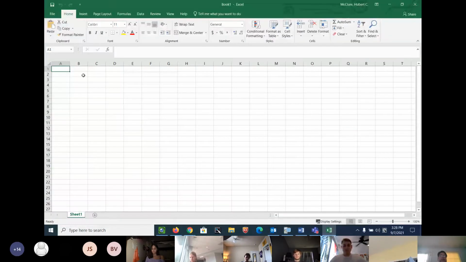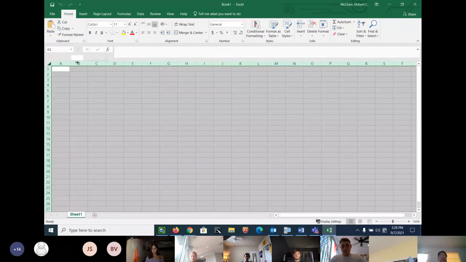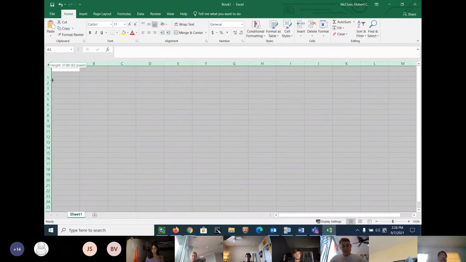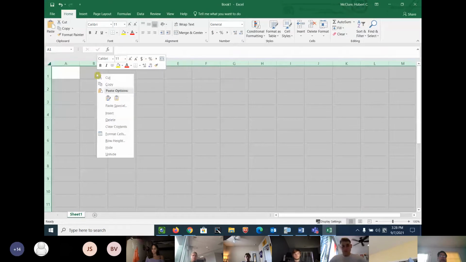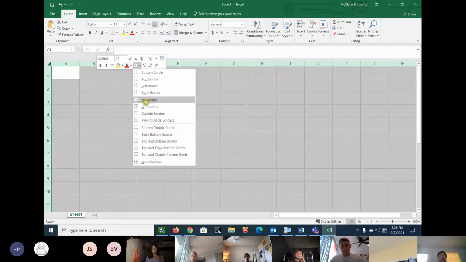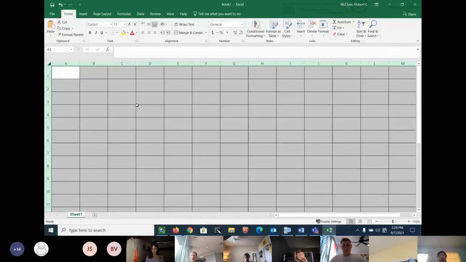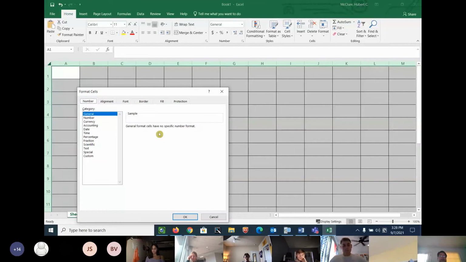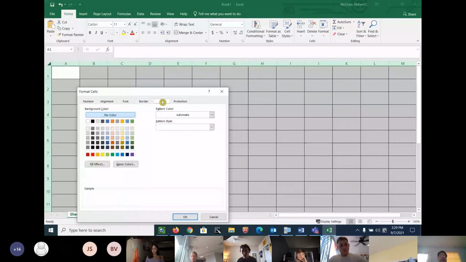Let me build this up so you can see it. Let's make the grid a little bit better, and let's label it. Let's do a format of cells and make that a little bit on the gray side.